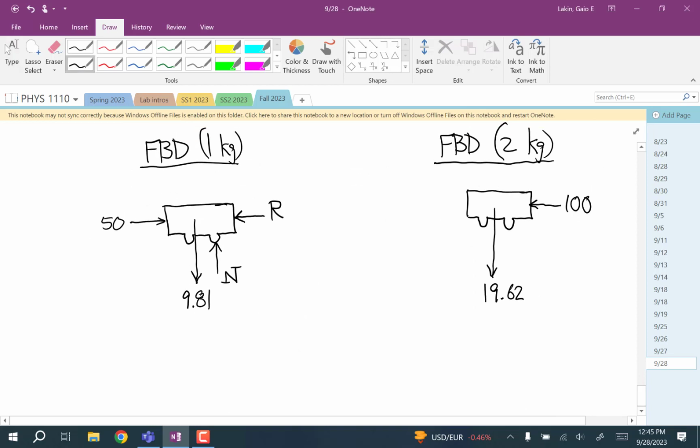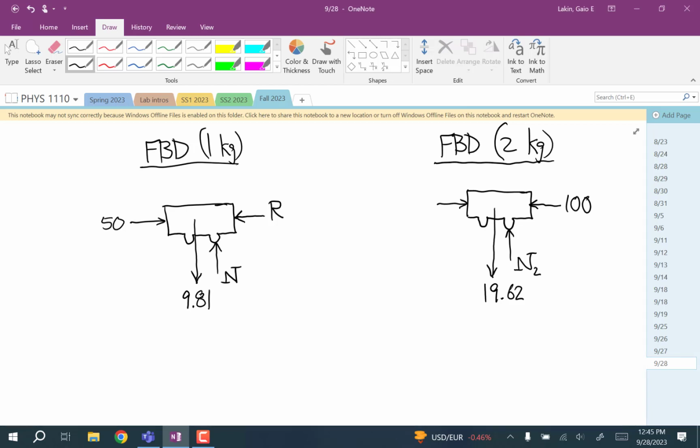Then there's a pushing force up from the ground. It's not necessarily the same one as this one. In this case, it's not going to be the same. So I'm going to call that N again, but I'm going to give it a subscript to make it a different variable. And then there's the pushing contact toward the body that's applied by the 1 kilogram.